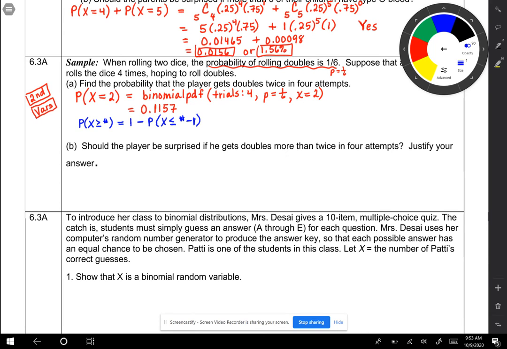The reason is that if you have a number here, you can't have it here as well, so you have to subtract 1 from it. It'd be 1 minus your binomial. You'd still use CDF because it's not an exact value. It'd be trials, probability of success, and the number value minus 1.